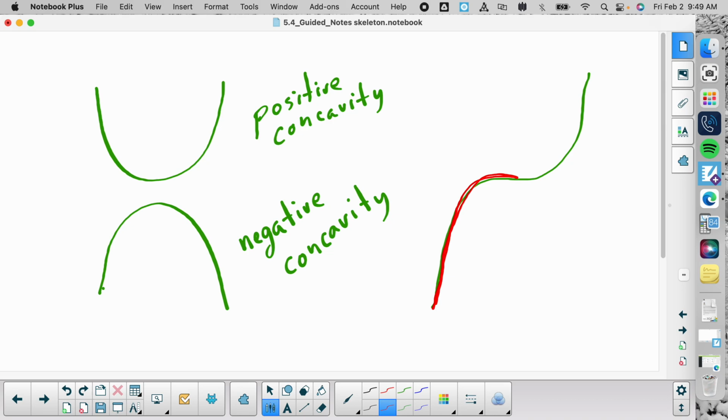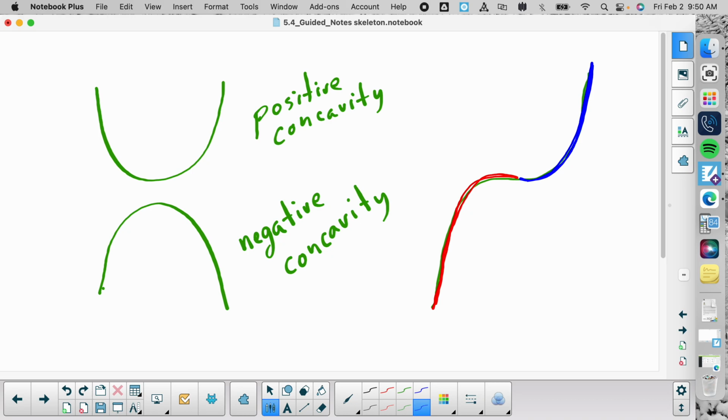And so as long as something is any portion of a downwards U, it can be just a little section, like that, that would still be downwards U negative concavity. As long as your section that you are looking at matches any part of a downwards U, that's negative concavity. It's going to be positive concavity if any portion of your curve matches any part of an upwards U.